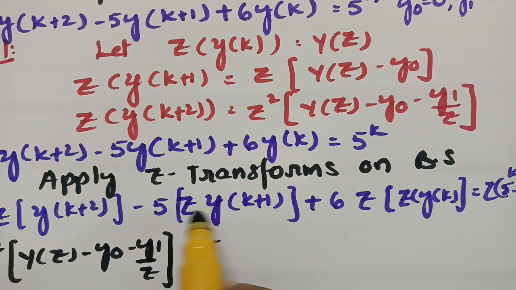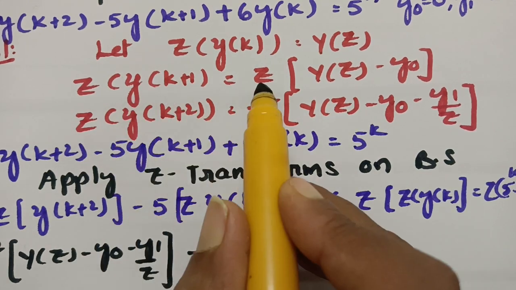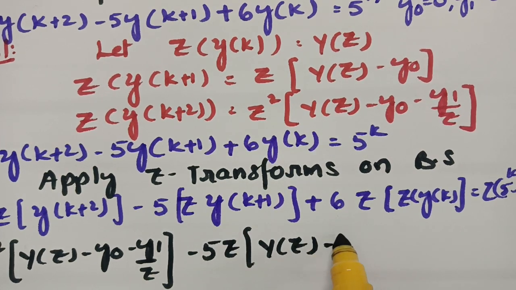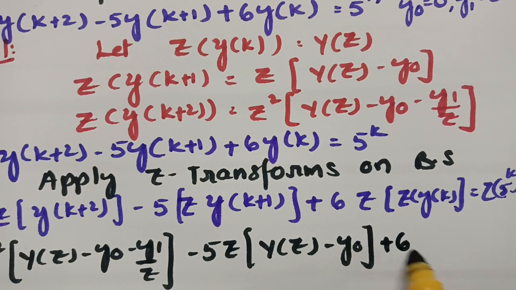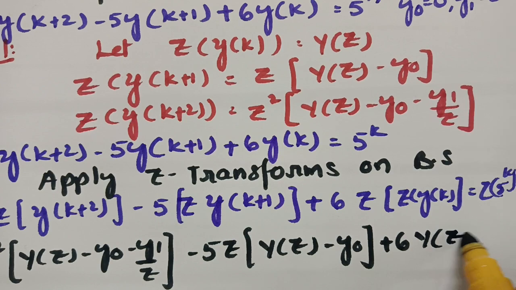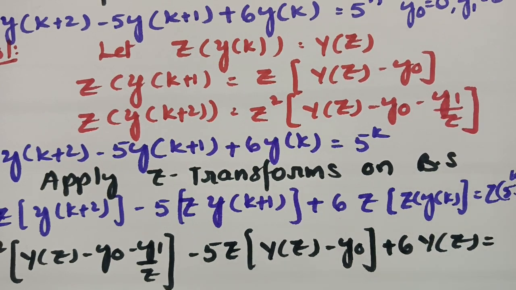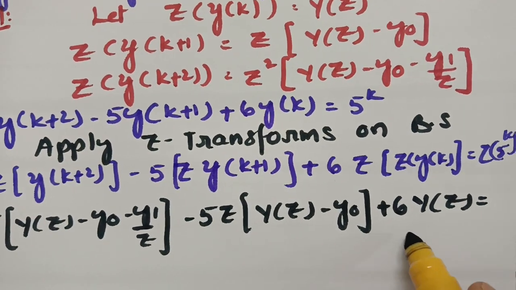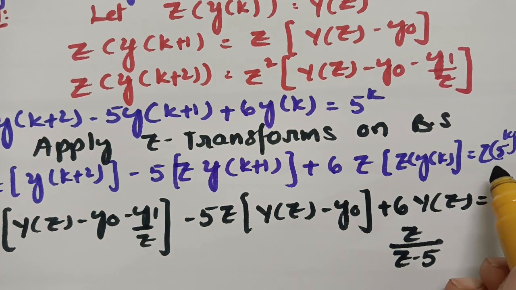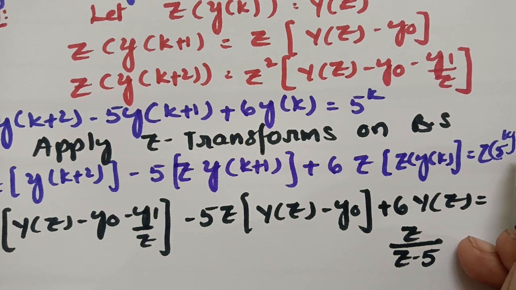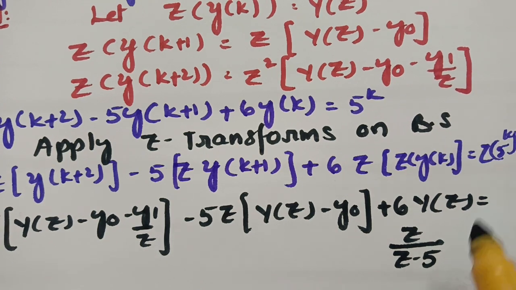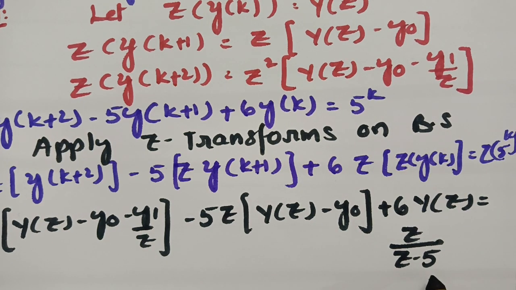Minus 5 times the Z transform of y(k+1), which can be written as z times Y(z) minus y(0), plus 6 times the Z transform of y(k), which is Y(z), is equal to the Z transform of 5^k, which can be written as z/(z minus 5). Since according to the special functions, the Z transform of a^n is z/(z minus a). In place of a we have 5, so I wrote z/(z minus 5).